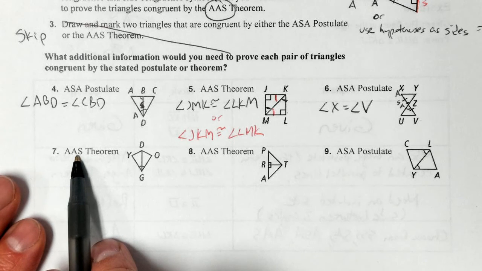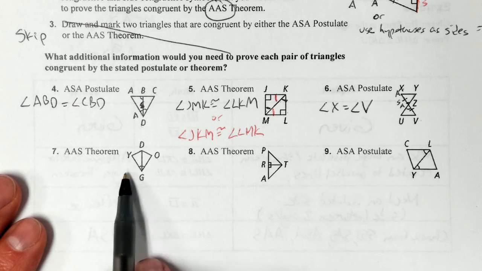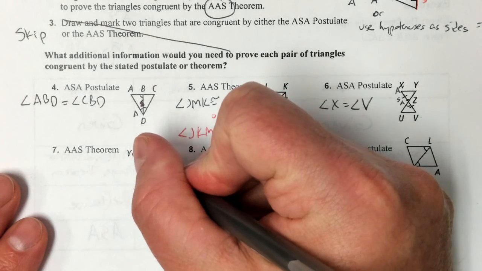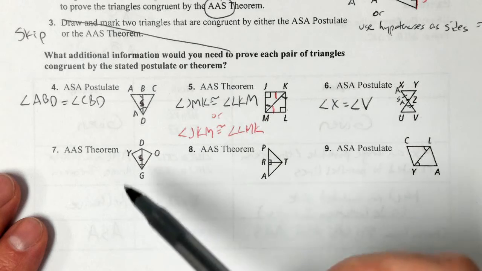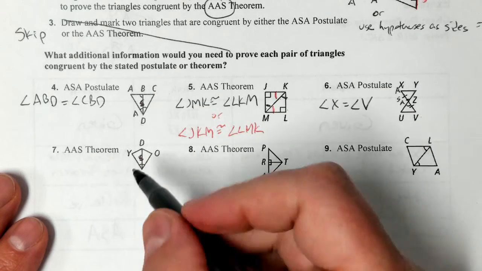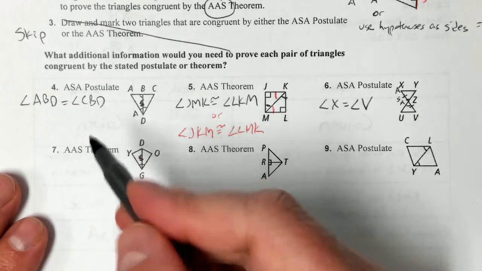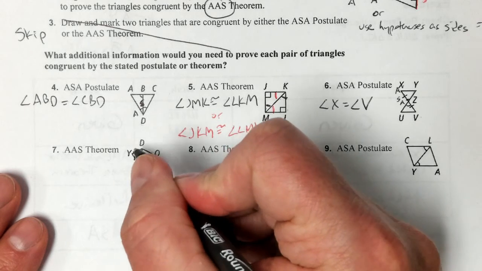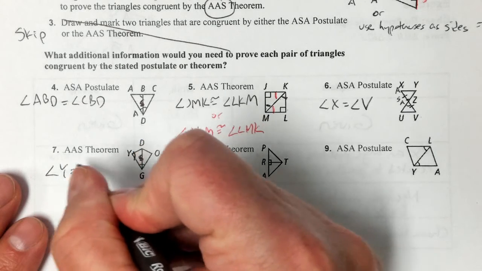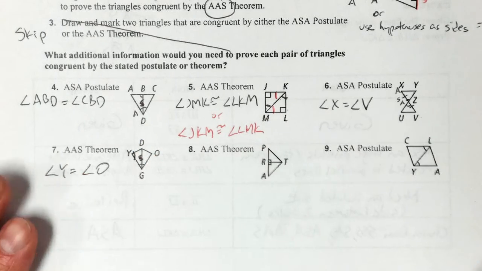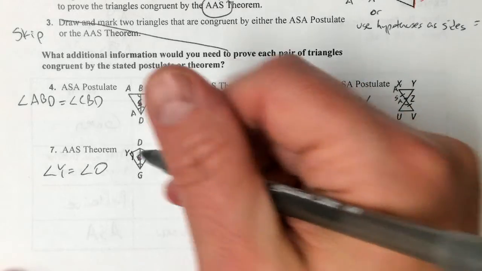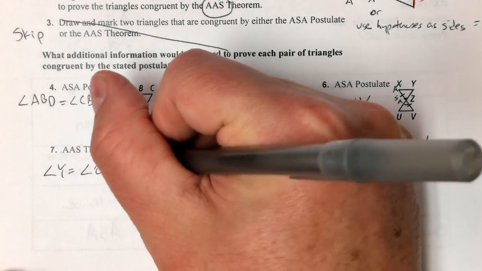The next one, AAS theorem, so we can put our S here for the shared side, and if it's AAS, that's the same as SAA, so side angle angle. So it's going to be angle Y equal angle O. So that'd be angle side.